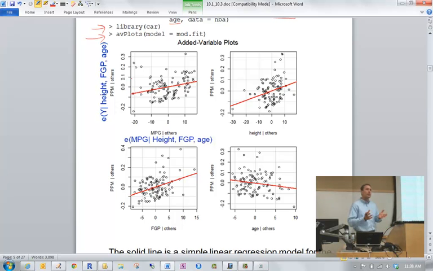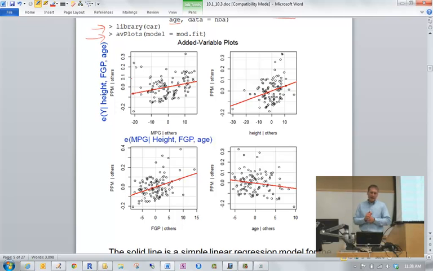What I have there in blue is just, in our notation, what the y-axis and the x-axis are for one of the plots to help you out. In the row 1, column 1 plot, what we have on the y-axis is the residual using PPM as the response variable, and height, field goal percentage, and age as the predictor variables.